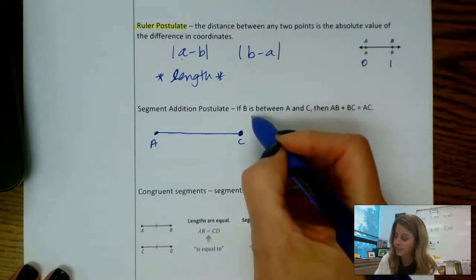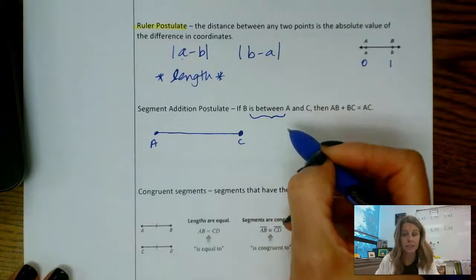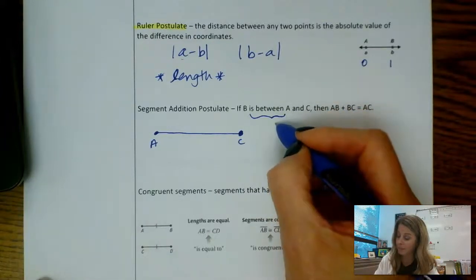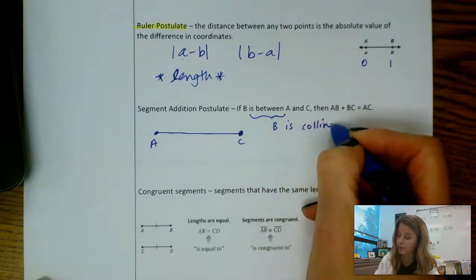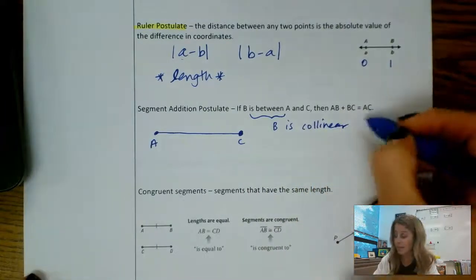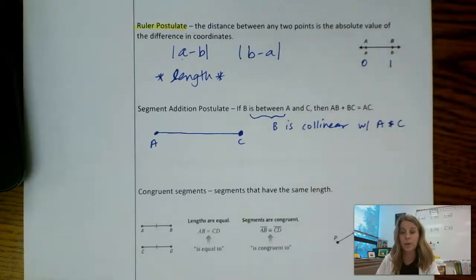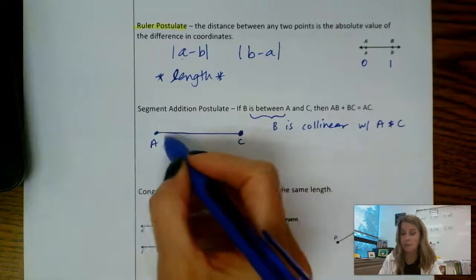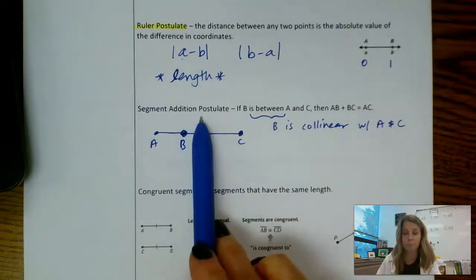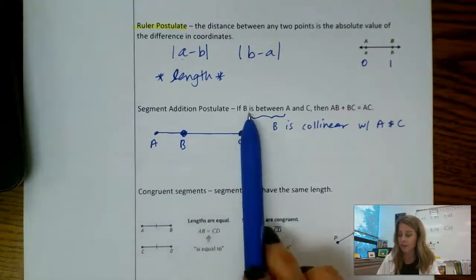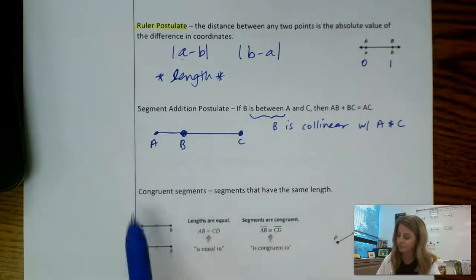Now, if it says that it's between, that means it is on that segment. So that means B is collinear with A and C. B is somewhere on this segment. It doesn't have to be halfway, it just has to be somewhere. I wouldn't be able to put B up here or down here, because the phrase between in geometry means it lies on the segment.